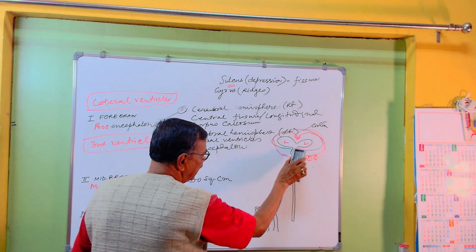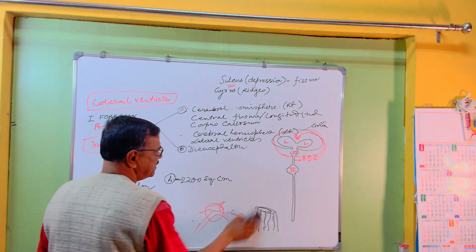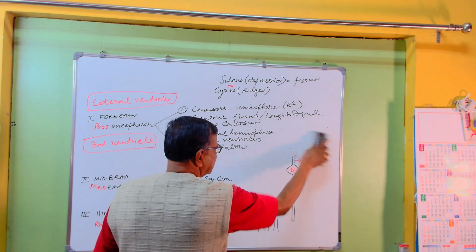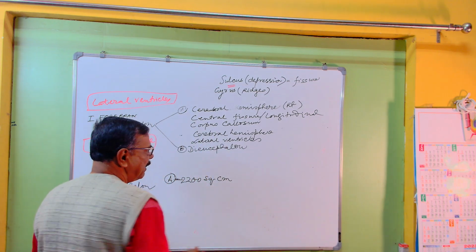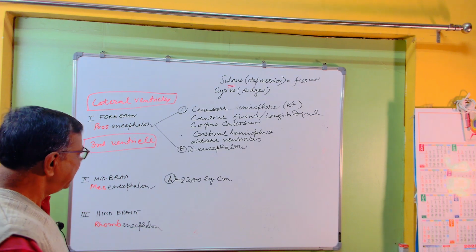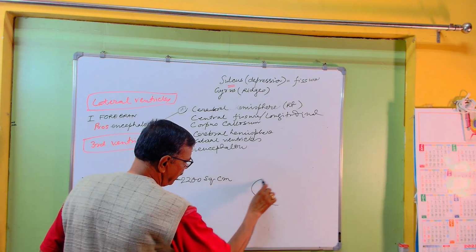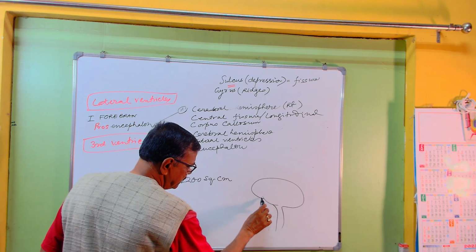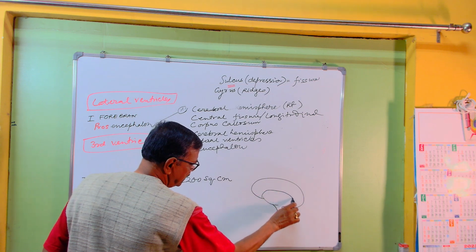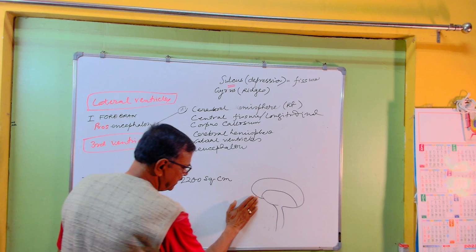Now, the diencephalon is in the third ventricle. The diencephalon contains the third ventricle. Now, how will we differentiate this diencephalon? First, we should do one thing. This cerebral hemisphere, we'll cut it.